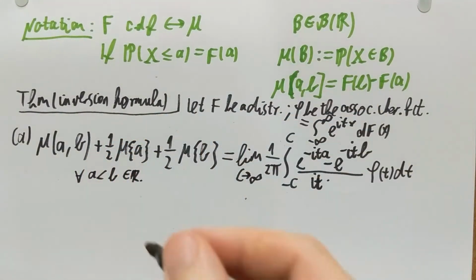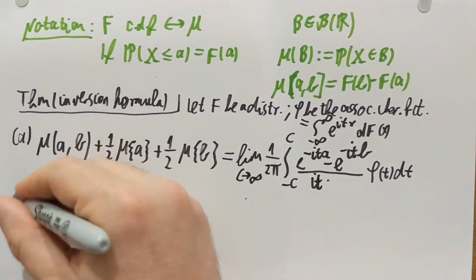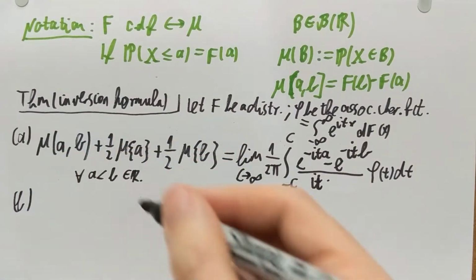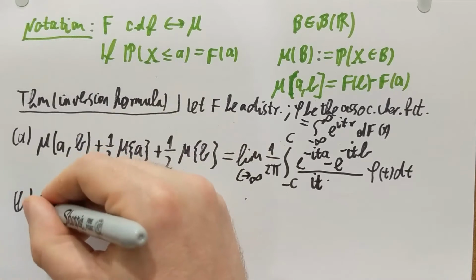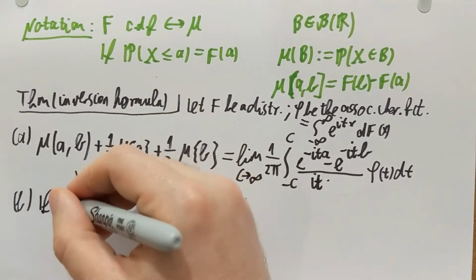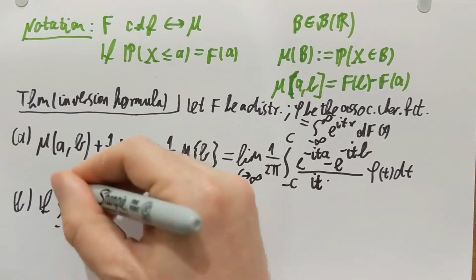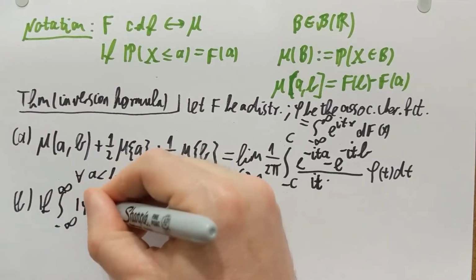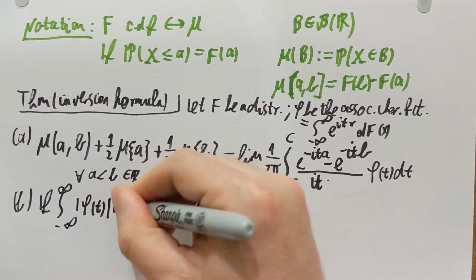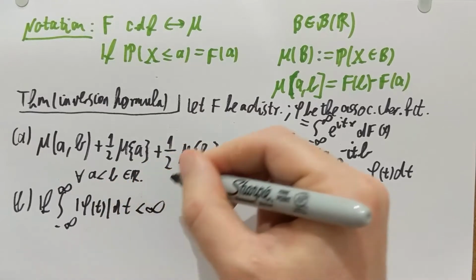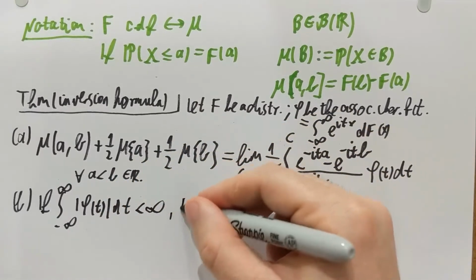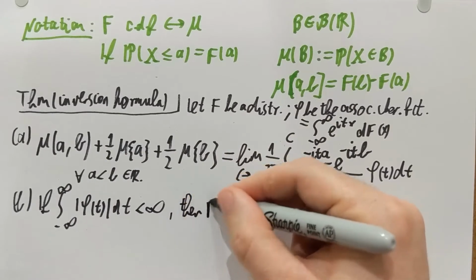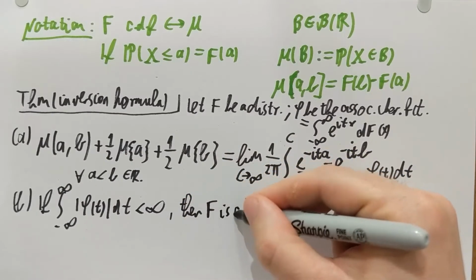Okay, and part B tells you something about the continuous case, namely if you're given your characteristic function, then you can ask about the integral of the mod of the characteristic function. If the mod is integrable, then the distribution function F is absolutely continuous.